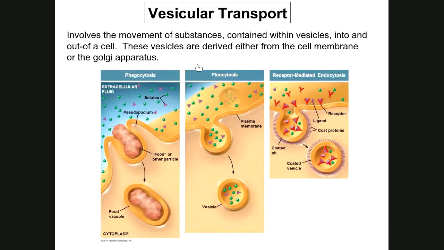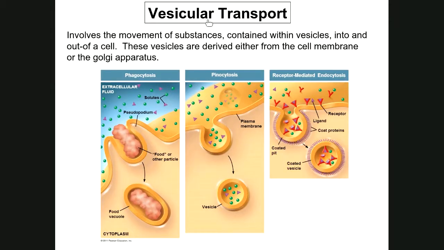vesicular transport. This type of membrane transport is required whenever the solute is too large for any channel or carrier protein to transport across the membrane. Or this type of transport, vesicular transport, is required when a cell needs to transport a large quantity of primarily proteins across the cell membrane.